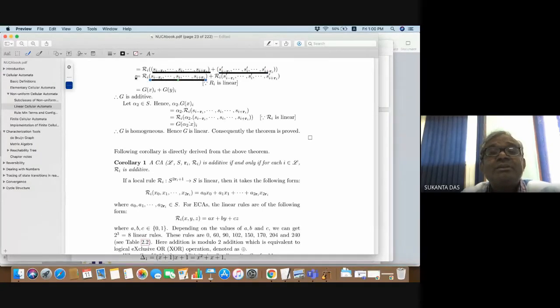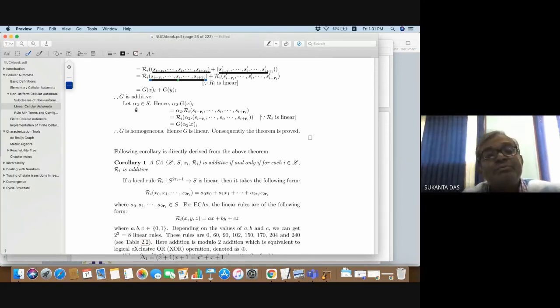From this step I can write this, because Ri is assumed to be linear, hence additive. So Ri of x plus y equals Ri of x plus Ri of y by the definition. From this I get g of x at i plus g of y at i. So g is additive.